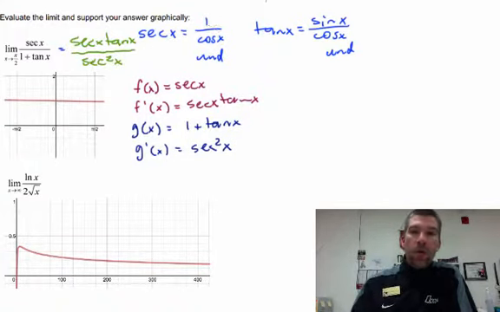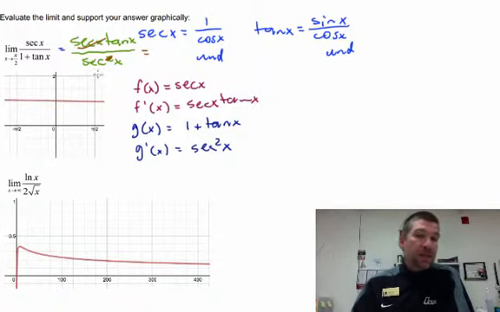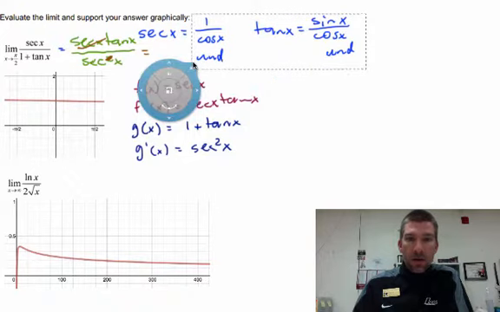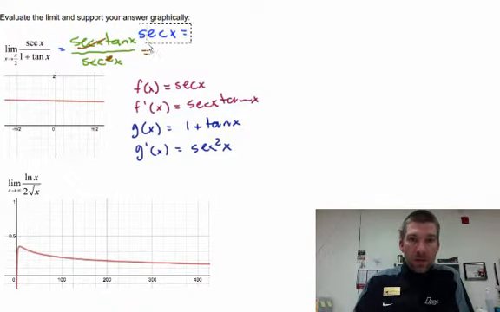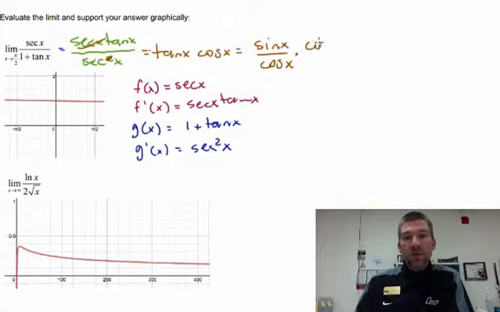Okay, and now we can do some reducing of this guy. So this secant x goes away, the squared goes away. And remember, 1 over secant x is the same as cosine. So now what we're going to end up with is tangent x times cosine x, which is the same thing as sine x over cosine x times cosine x, which is the same thing as sine x.